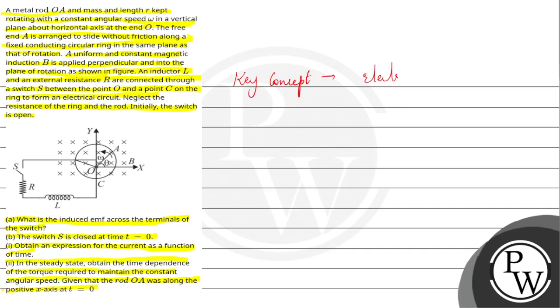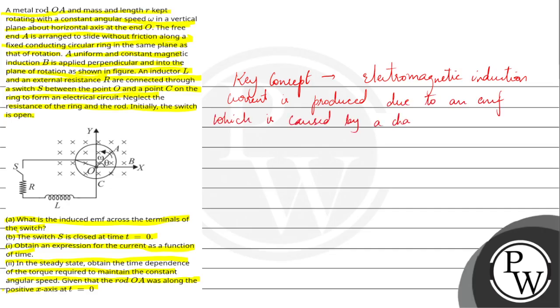Electromagnetic induction: when a current is produced due to an EMF caused by a changing magnetic field. इस क्वेश्चन को सॉल्व करने के लिए पहले जो डिटेल्स में दिए हैं उसको नोट करेंगे और हर एक सब पार्ट को आंसर करेंगे.